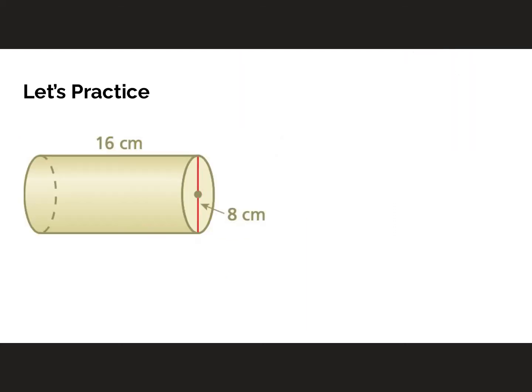Okay, so let's try another couple. Here, notice they are not giving me the radius. They've given me the diameter. So that means my radius is going to be 4. Half of 8 is 4. This is my height. So my volume here is going to be pi times 4 squared times 16.